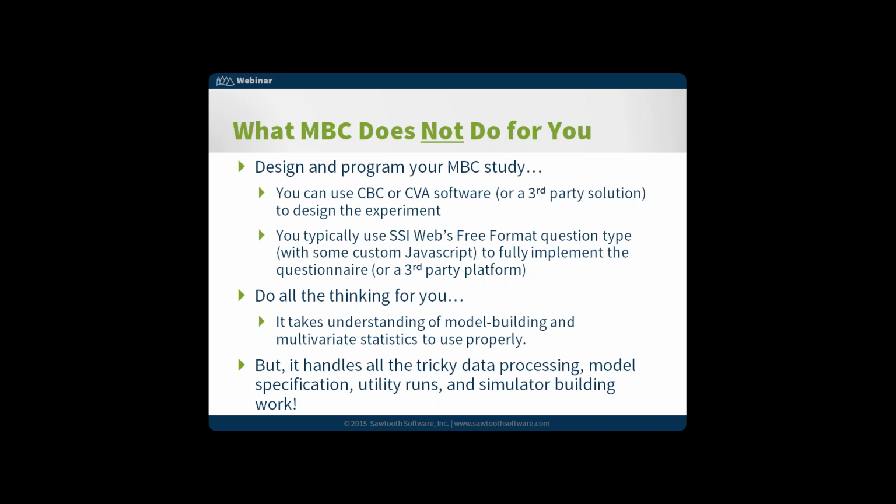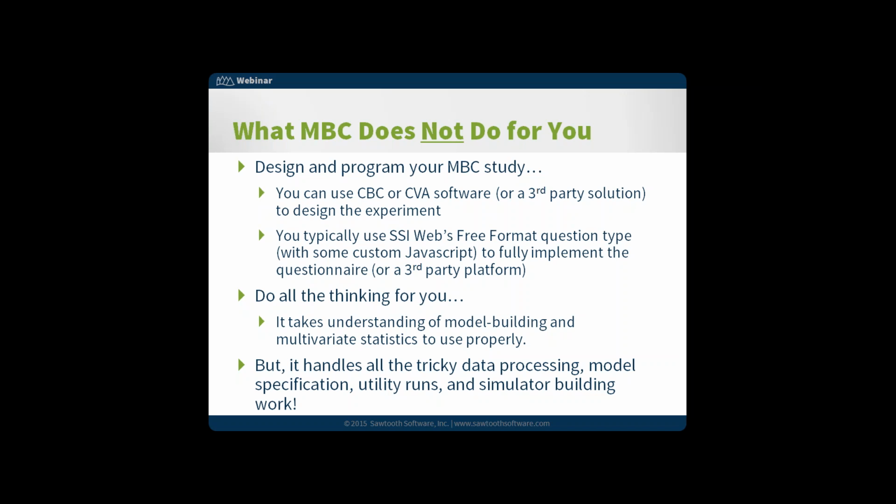But what MBC Software does is it handles all the really tricky data processing steps, especially the model specification. When you want to say, I want to use these main effects, I want to use these cross effects, I want to specify a linear model versus a log linear versus a part worth model. The software lets you, just with a point-and-click interface, toggle back and forth between a lot of model specifications so that you can investigate a lot of very different models that would take a lot of time to try to do manually if you were trying to code your design matrices each time you tried to do a slightly different model specification.